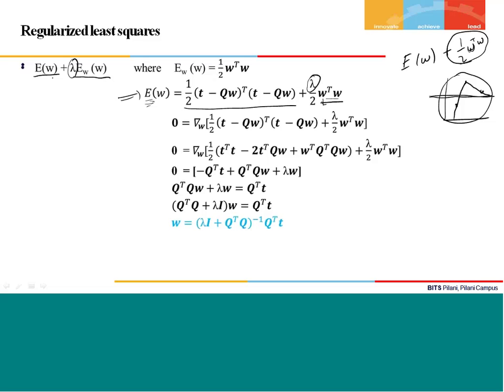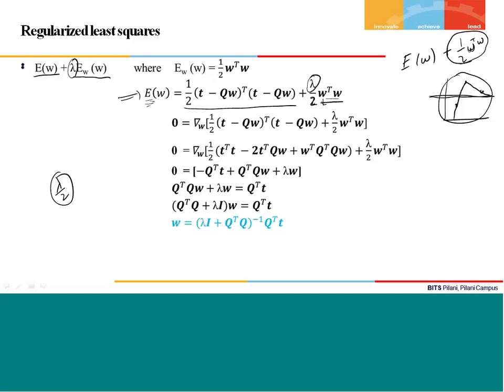Half is used again because lambda is a constant, so I can normalize it with lambda by 2 also. But you can see this 2 will be good when we use analytics and try to simplify the expression. So now this is a regularized expression.